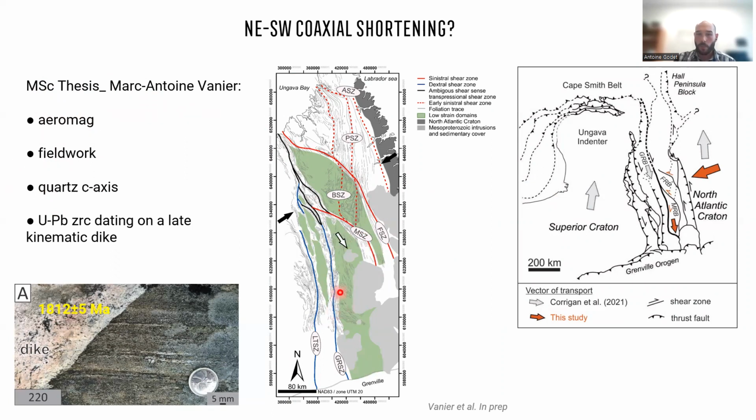And based on his investigation, he proposed that the anastomosing pattern of the shear zones reflects some northeast-southwest bulk coaxial shortening. So it's a bit different from what has been proposed by David Corrigan, for example. So a couple of different models that need to be tested.